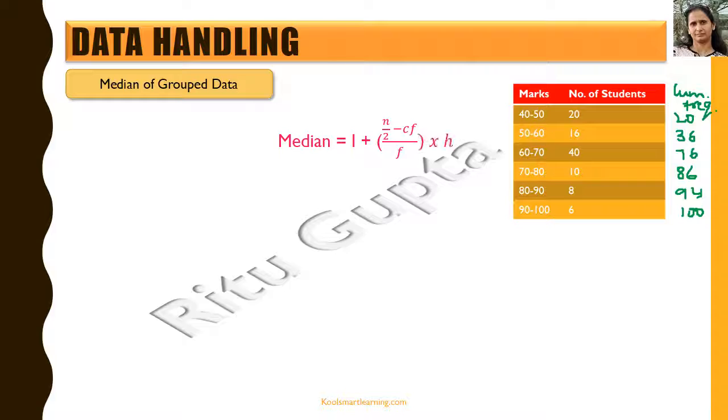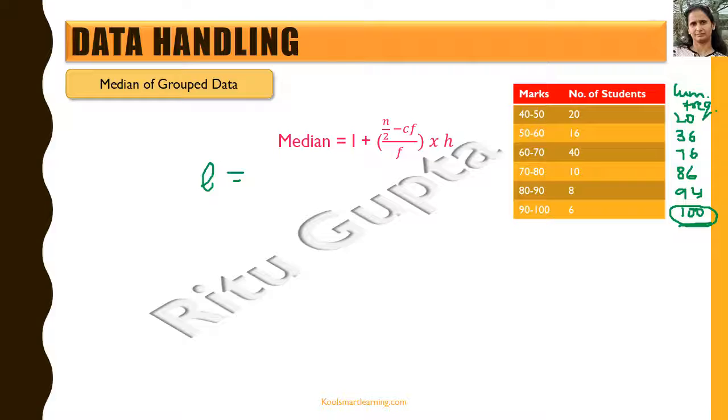So coming back to the formula, which says median is equal to L plus n by 2 minus CF divided by F into H. Now first of all let's identify the median class. If we see the complete set of data, it is 100. So 100 by 2 is 50.